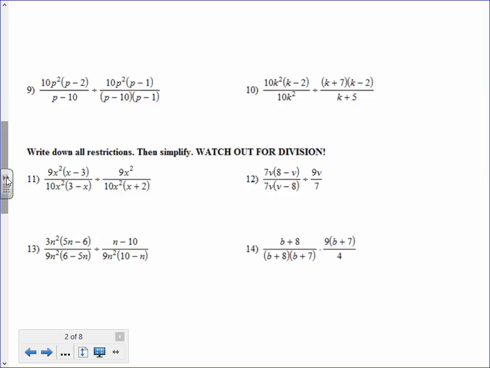Now the first fraction, leave it exactly the same. Change the division sign to a multiplication sign. Once again, you did this also in like 5th grade, when you first learned how to do fractions. Then take the reciprocal.